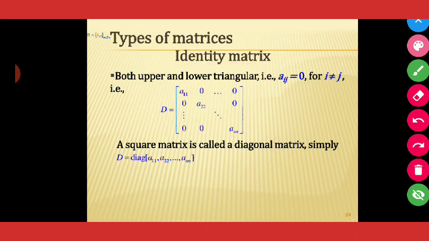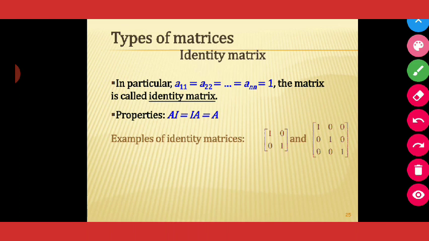In general, we can write aij = 0 for i not equal to j. In particular, if a11 = a22 = a33 = 1, then such a matrix is known as the identity matrix.